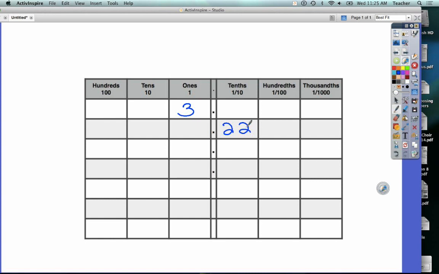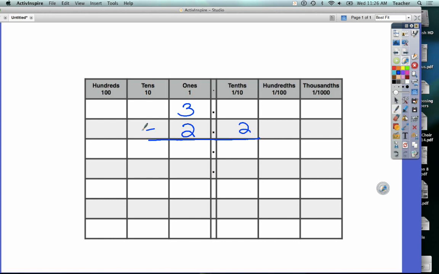Where do I need to move them? One place to the left. So if I take off one of my 2's, where's it going to go? To the left, to the left. Okay, I subtract it.